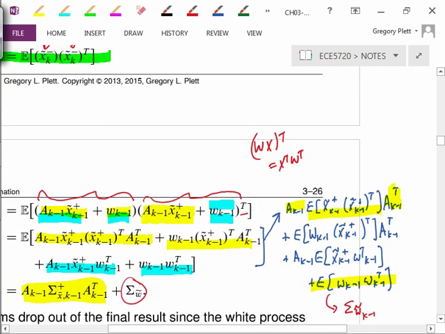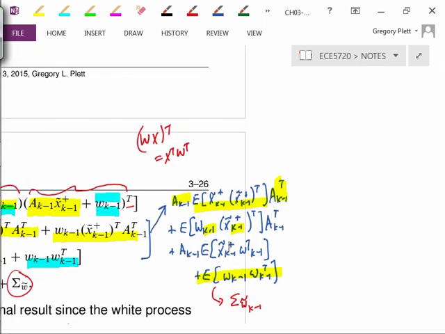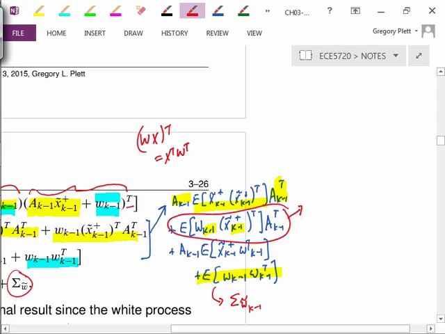So just looking at the indices here, these are at the same time, and we've assumed that they're uncorrelated. So to take one of these terms right there, because they're uncorrelated, we can write the expectation of the product as a product of the expectation. That is not true in general. Linearity of expectation does not allow us to do that. It's the uncorrelation that allows us to do that.